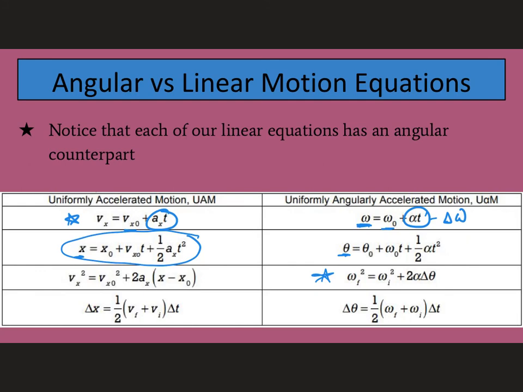And guys, something to keep in mind as we talk about these changes in angles. A circle is obviously 360 degrees or 2 pi radians, but as an object is accelerating, it might go through multiple rotations. It might go through 8 pi, it might go through 10 pi.